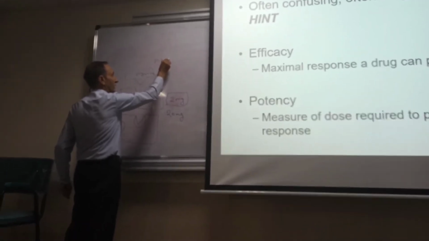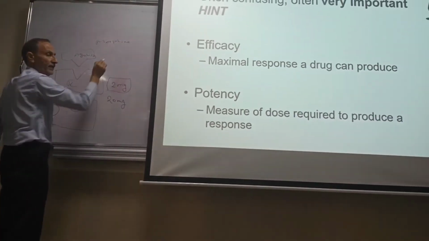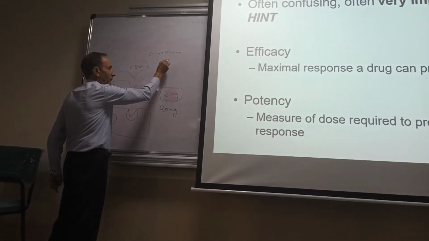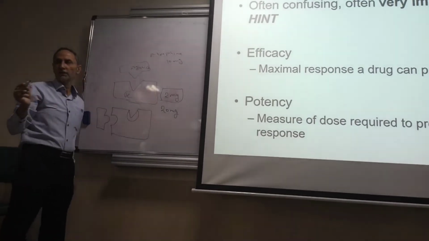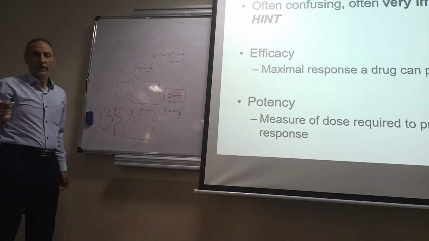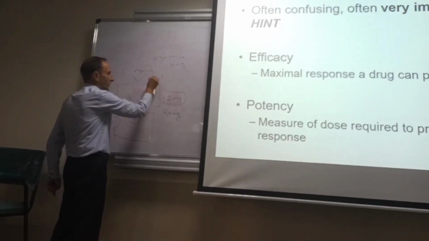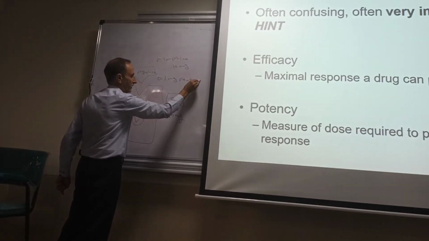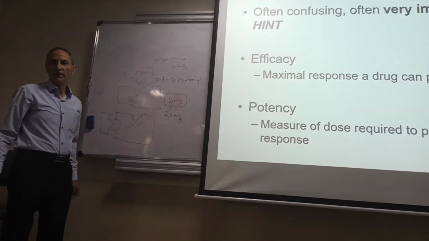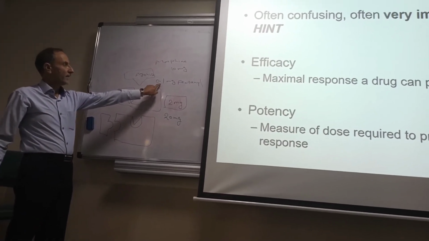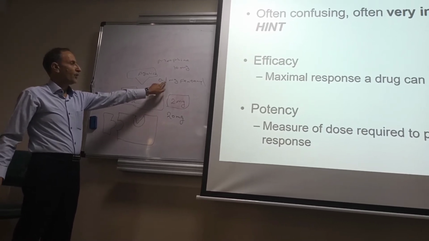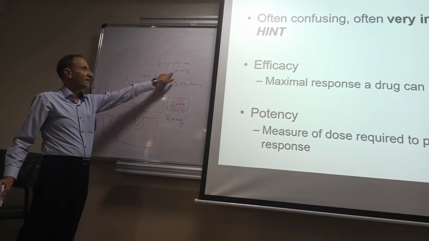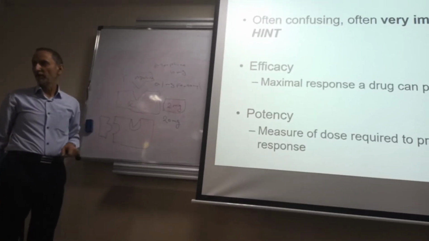Morphine, when used as an analgesic drug, 10 milligrams is enough for an adult. We have another drug named fentanyl. And 0.1 milligram of fentanyl equals 10 milligrams of morphine.